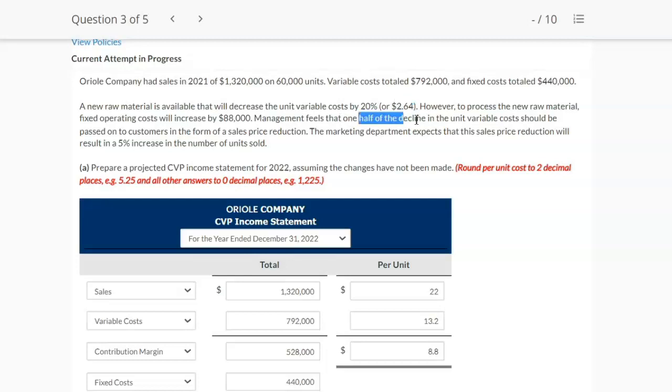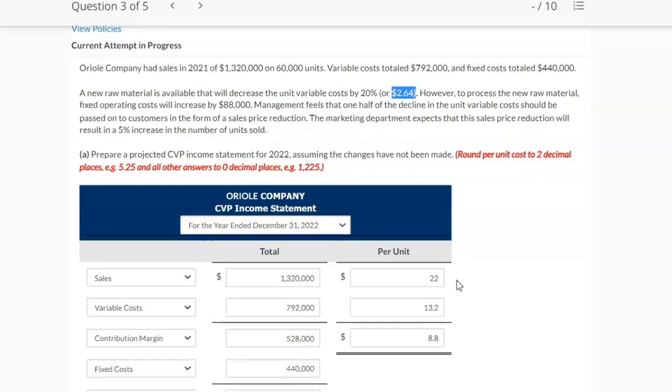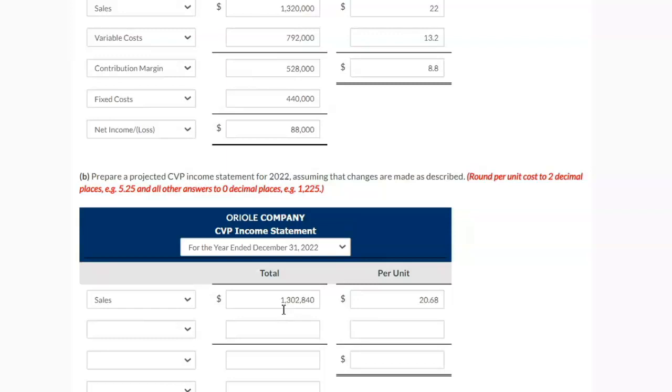So we have the unit price, $22, minus half of this value, 1.32, which gives 20.68. Now multiply that by 63,000. From the calculator, it's the same number.